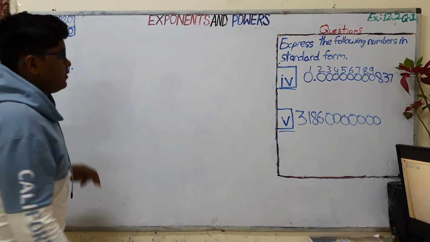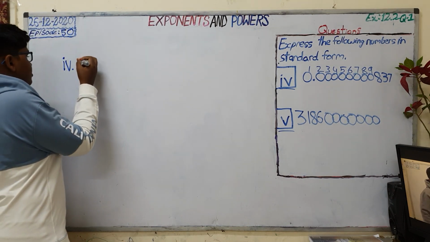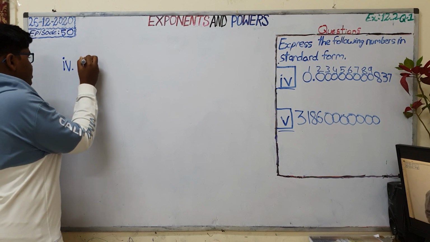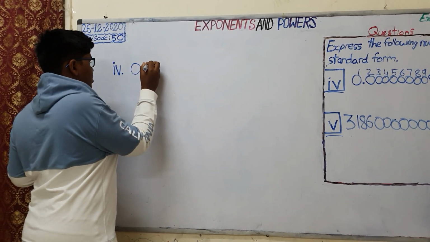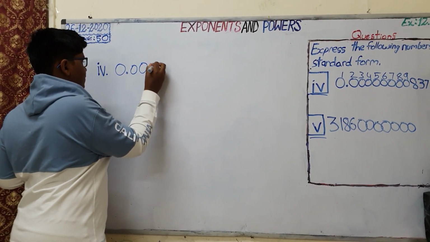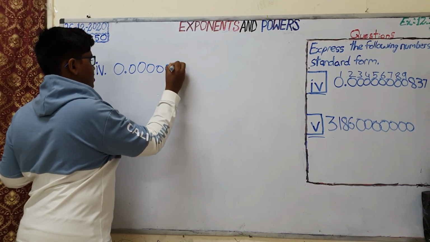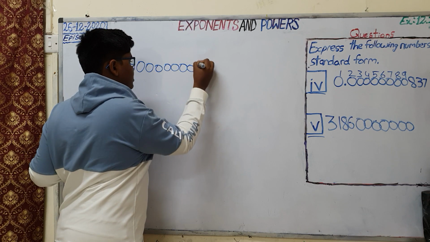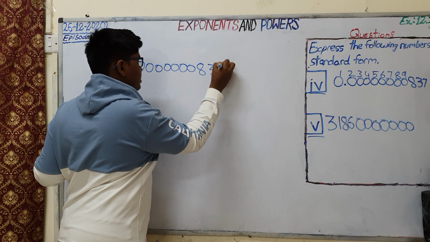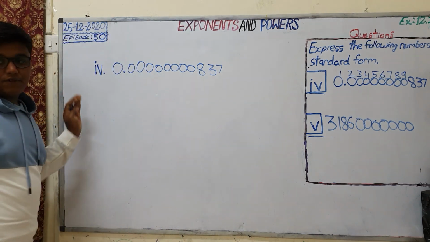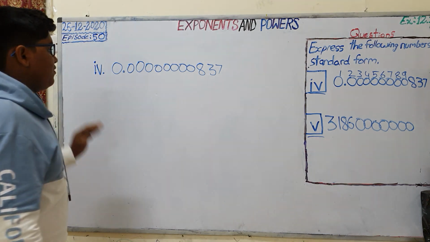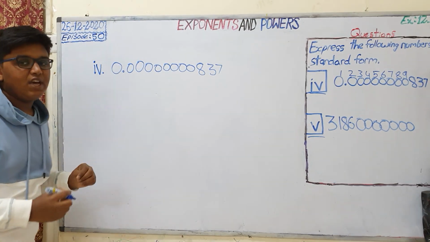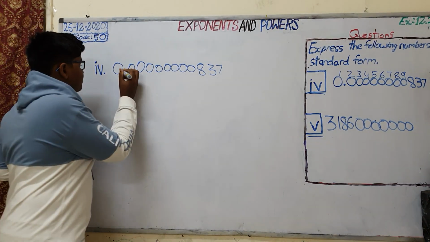Now the question number 4 has 9 zeros, and in the last we have 3 digits, 8, 3, 7. Now we will cancel all these zeros, but before that we have to find where to put the decimal point.